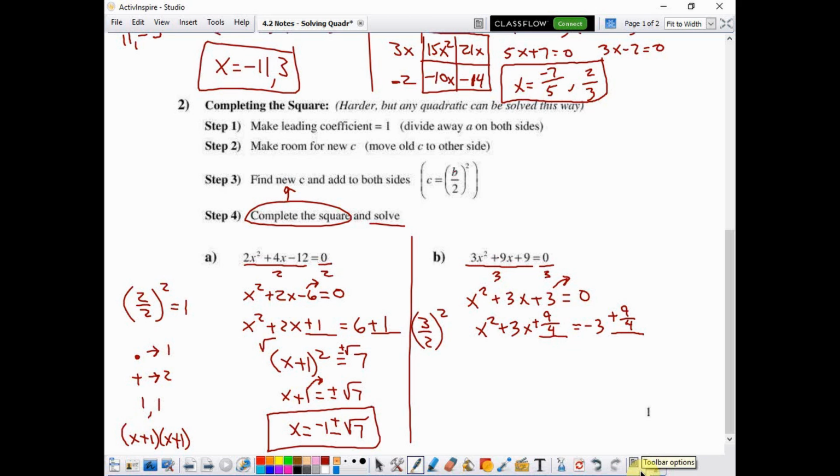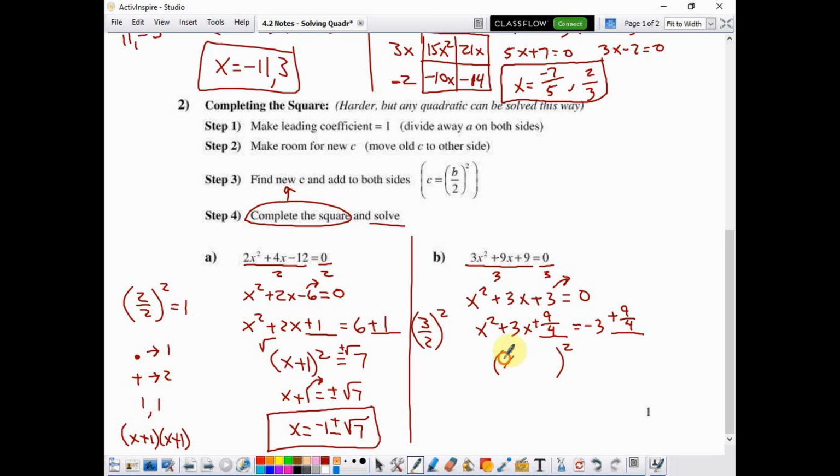Now maybe you think factoring this one's going to be a little bit difficult, but it's really not going to be that bad because I made a square trinomial. I know it's a square trinomial because I made it that way. So what number times itself did we use to get 9/4? 3 halves. So the trick here, once you know you've got a square binomial, half of b is what goes in here.